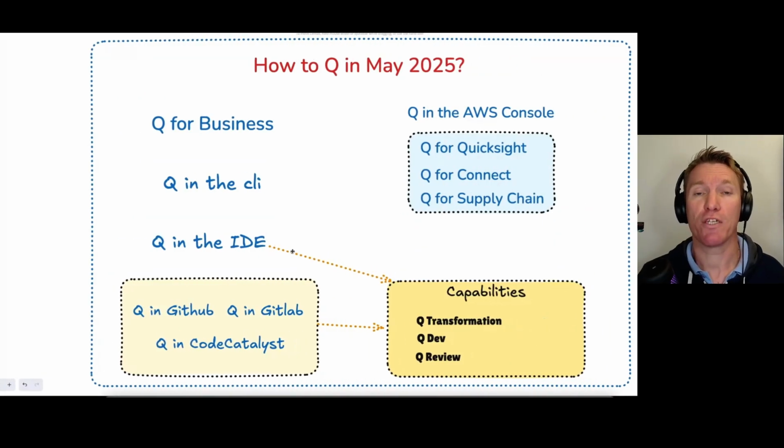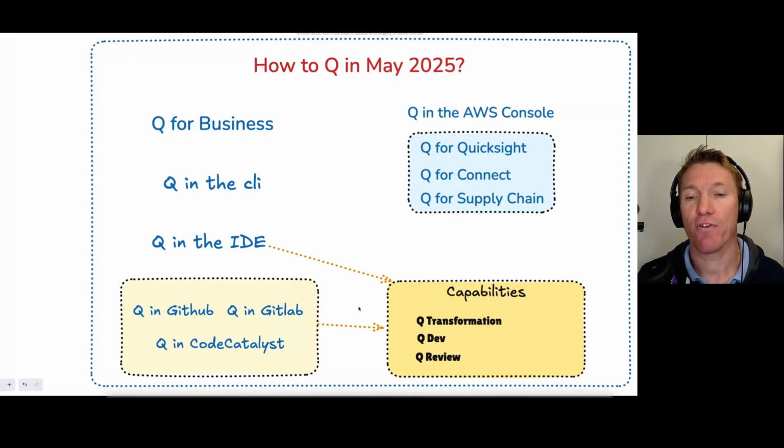So which different brandings do we have for Amazon Q? On the left-hand side, you see first there is Amazon Q for business. Then we have Amazon Q in the console. Then we have Amazon Q in the CLI, Amazon Q in the IDE, Amazon Q in GitHub, Amazon Q in GitLab, which they called GitLab Duo, Amazon Q in Code Catalyst.